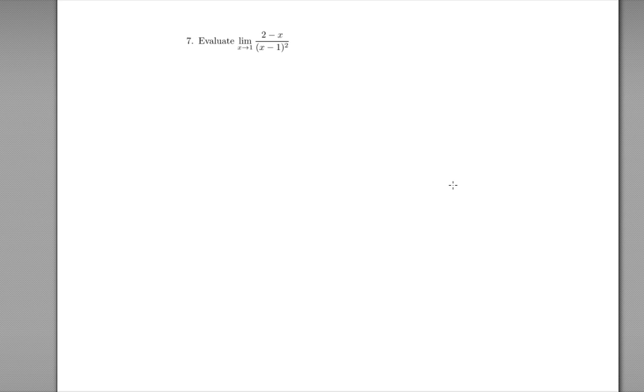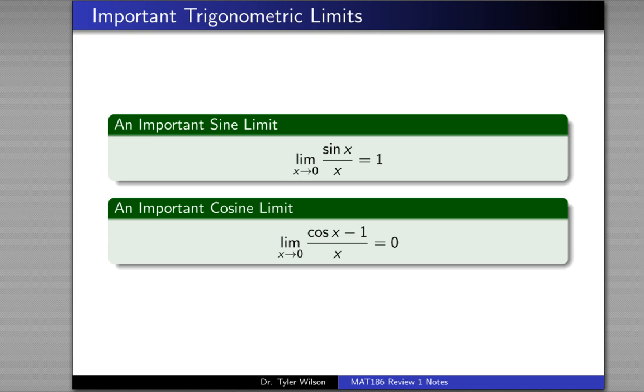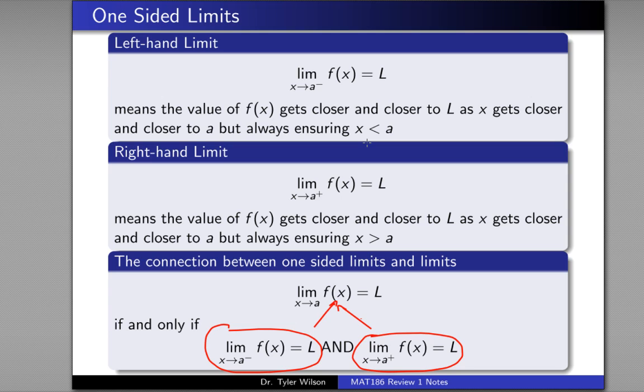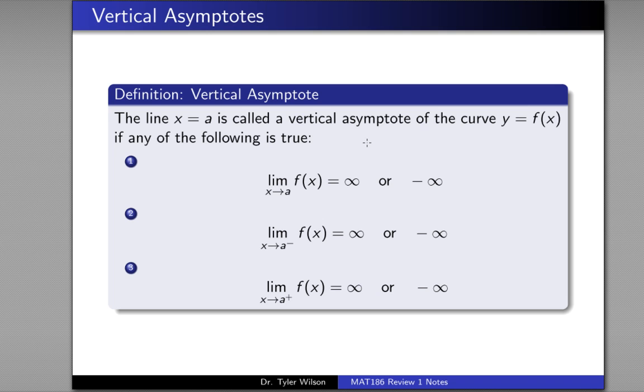Okay, so this is the next question. So let's talk about this. It's one-sided limits. So let's talk about vertical asymptotes. The idea of a vertical asymptote is whenever you take the limit as x goes to a from the left, from the right, or from both sides and it is equal to infinity or negative infinity, you're going to encounter a vertical asymptote.